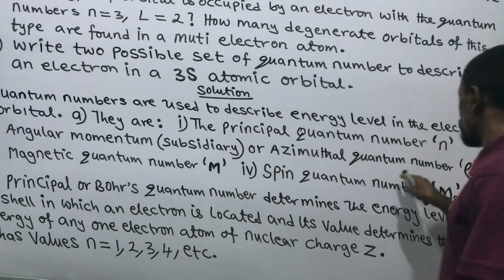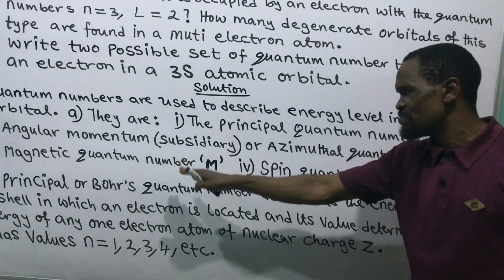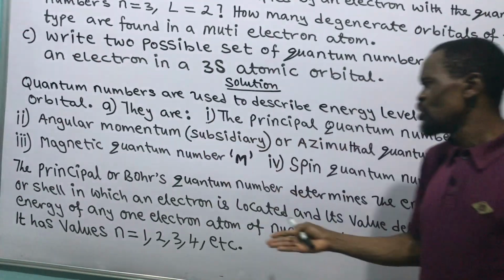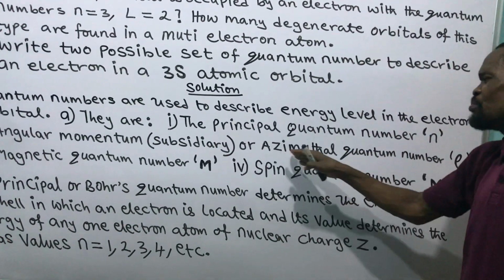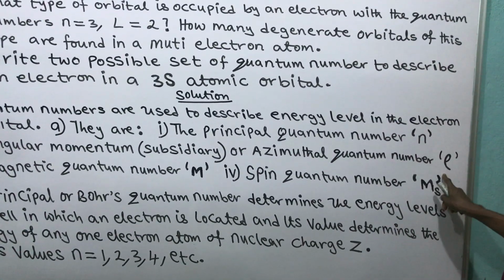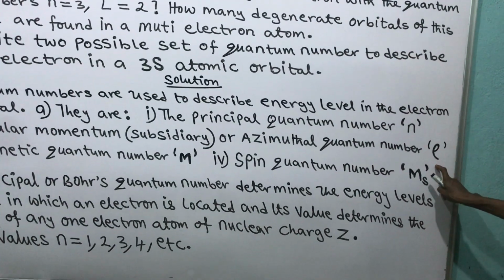These are the names; we can call it the angular quantum number, subsidiary quantum number, or azimuthal quantum number, which is represented by L.